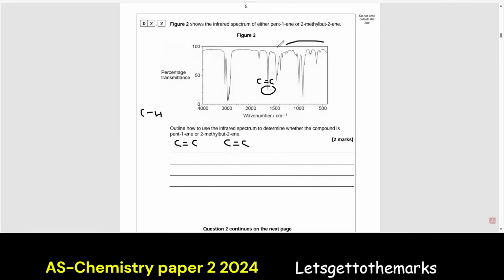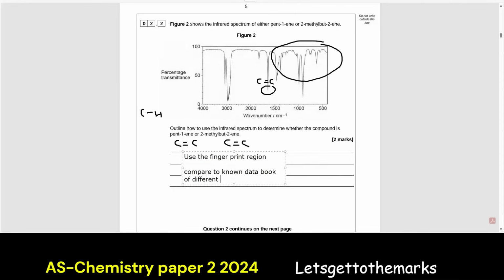But what we can look for in any compound is its unique fingerprint region. So 2-methyl-butene will have a different fingerprint region to pent-1-ene. So what I'm going to say is use the fingerprint region, compare to known data book of different fingerprint regions to identify the compound.